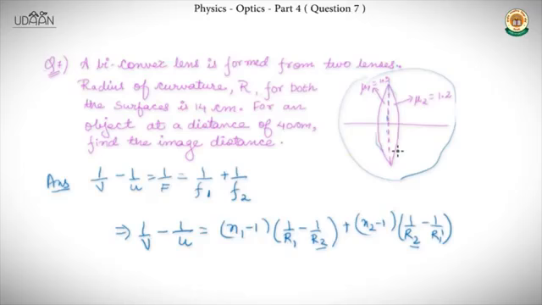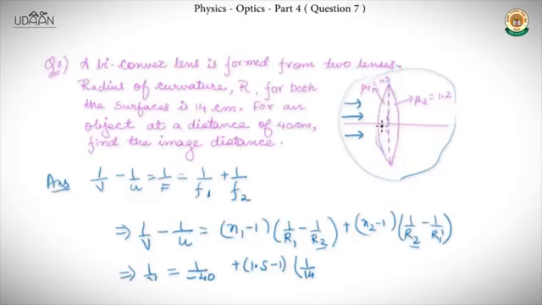By considering the Cartesian sign convention, we get 1 by v is equal to 1 by minus 40, since u is minus 40, plus (1.5 minus 1) times 1 by r1. The r1 will be positive because we are considering the direction of the incident ray like this.